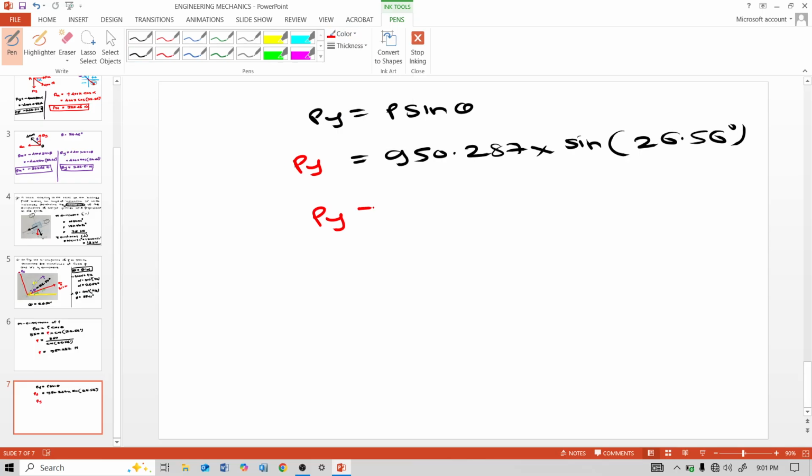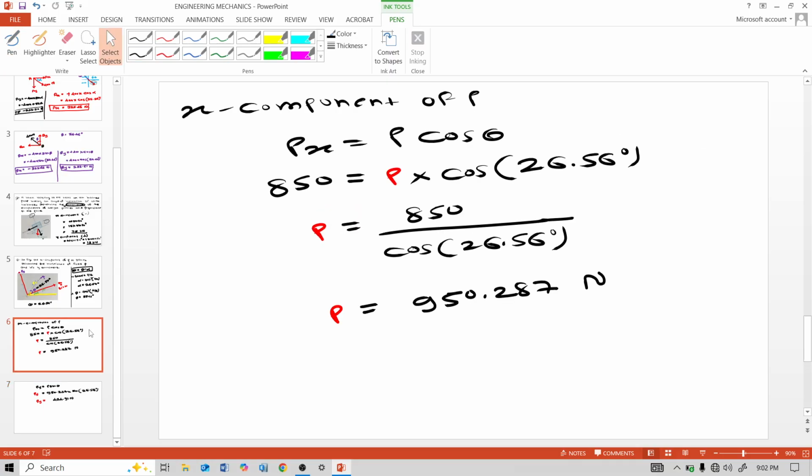So calculate it in your engineering calculator: 950.287 into sine of 26.56 degree, it is 424.91. Unit is Newton.